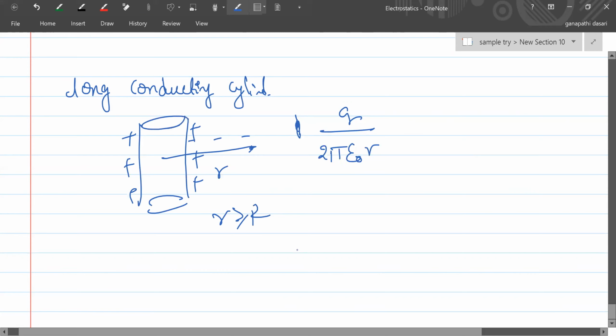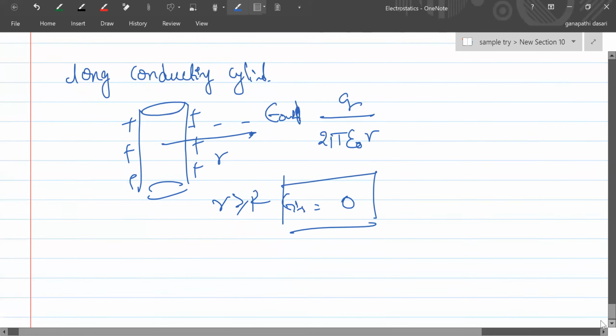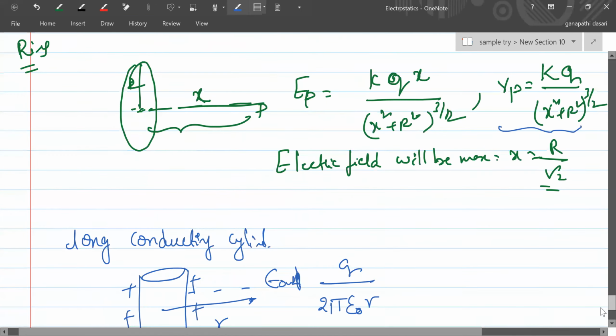For an inside point it will be 0. E inside will be 0. Shall we go ahead? Sir, in the inside point, it will be 0, sir.